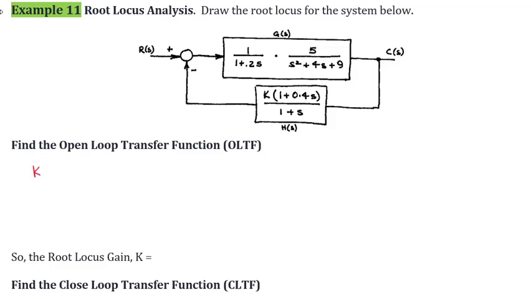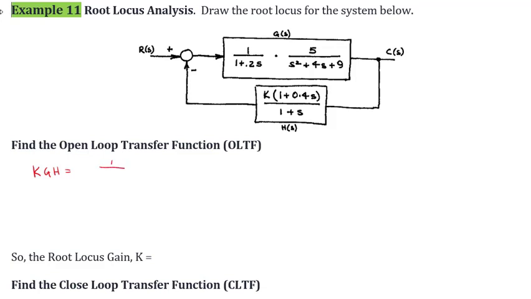In this one, you notice that K, G, and H are not necessarily in the spots you would expect. Not to worry. Basically, the open loop transfer function is just whatever's in this forward path multiplied by whatever's in this loop back. So we'll go ahead and just write that in.